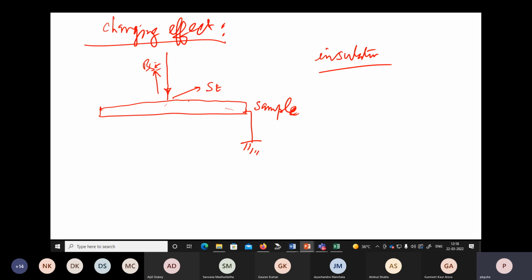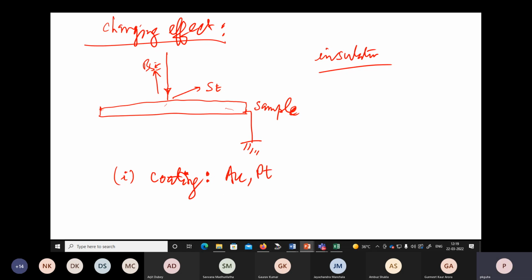So how do we avoid this charging? You can do various things. One important and easy thing we always do in the lab when we use SEM is coating the sample. What is coating? We coat the sample using gold or platinum.